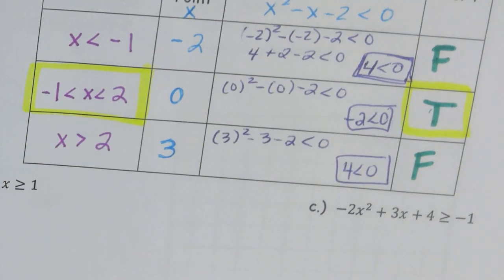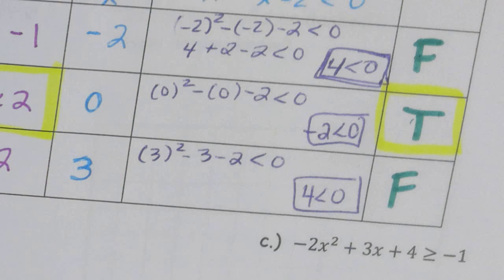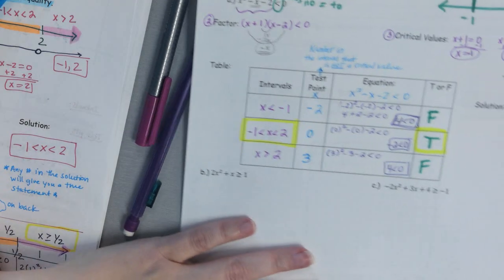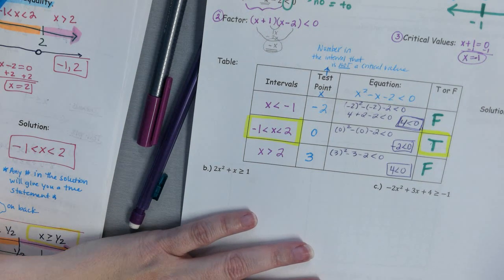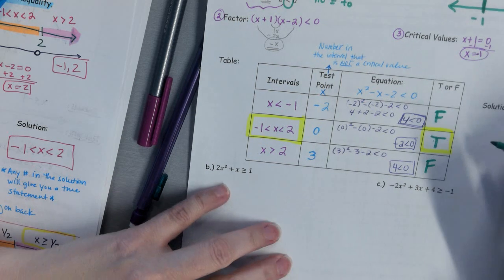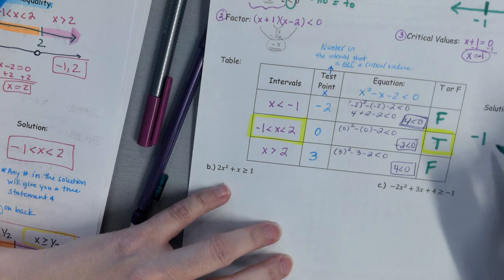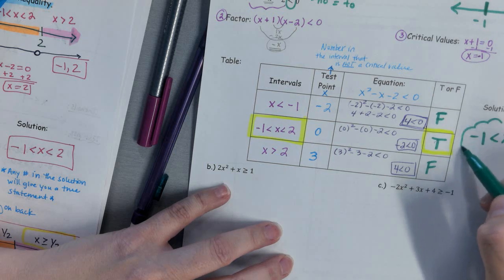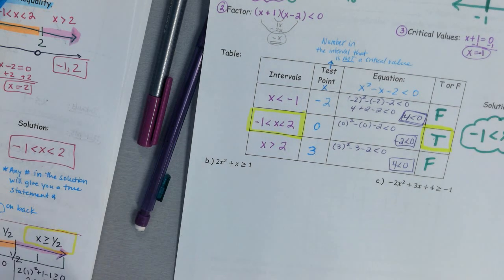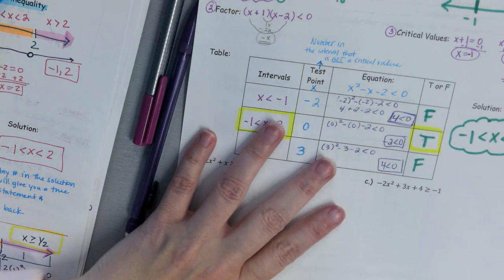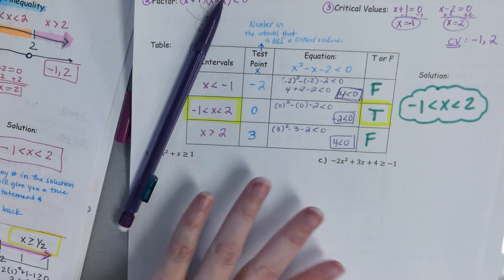So when I'm writing my solution out, it's going to be -1 is less than x, which is less than 2. So whatever interval is true, that is going to be your solution.